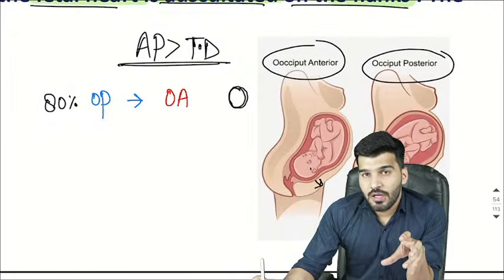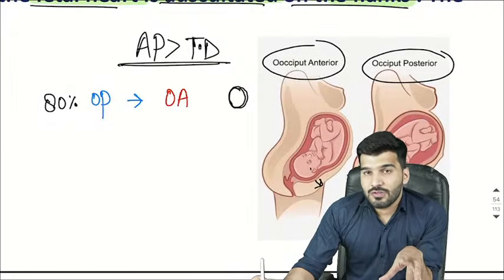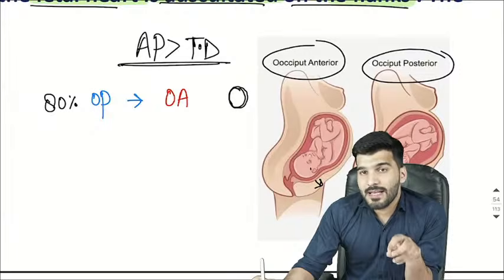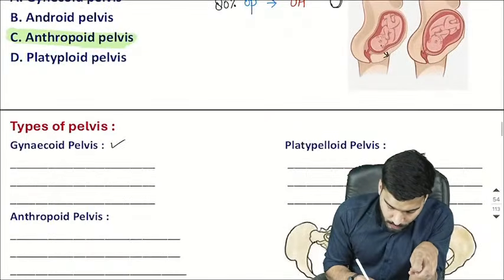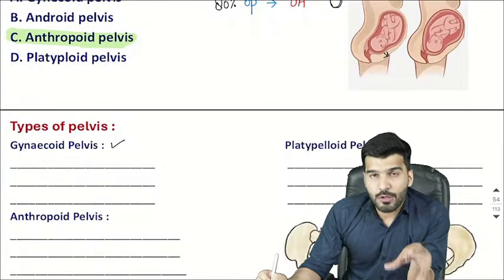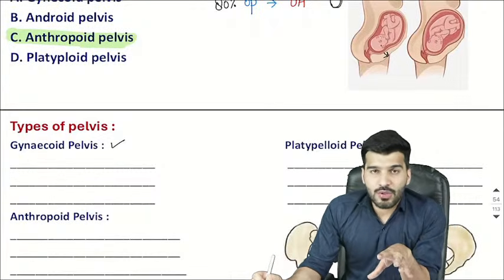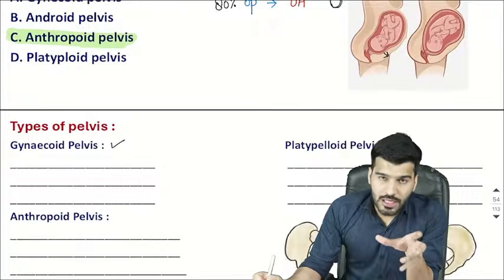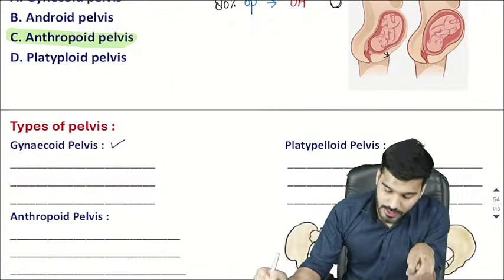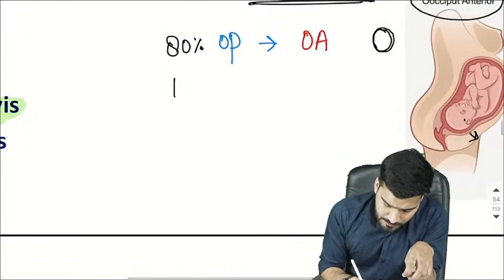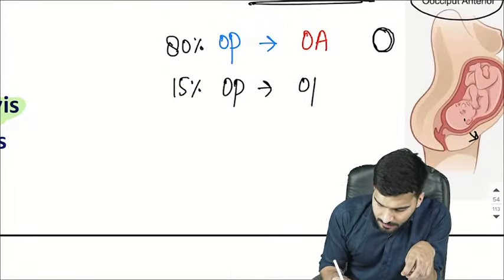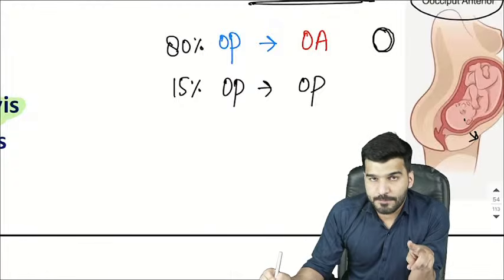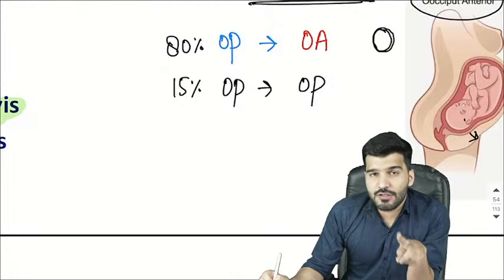It's the most common or the best type of the pelvis, called the gynecoid pelvis. So occipito-posterior easily turning into occipito-anterior with a rounded cavity is a gynecoid pelvis.